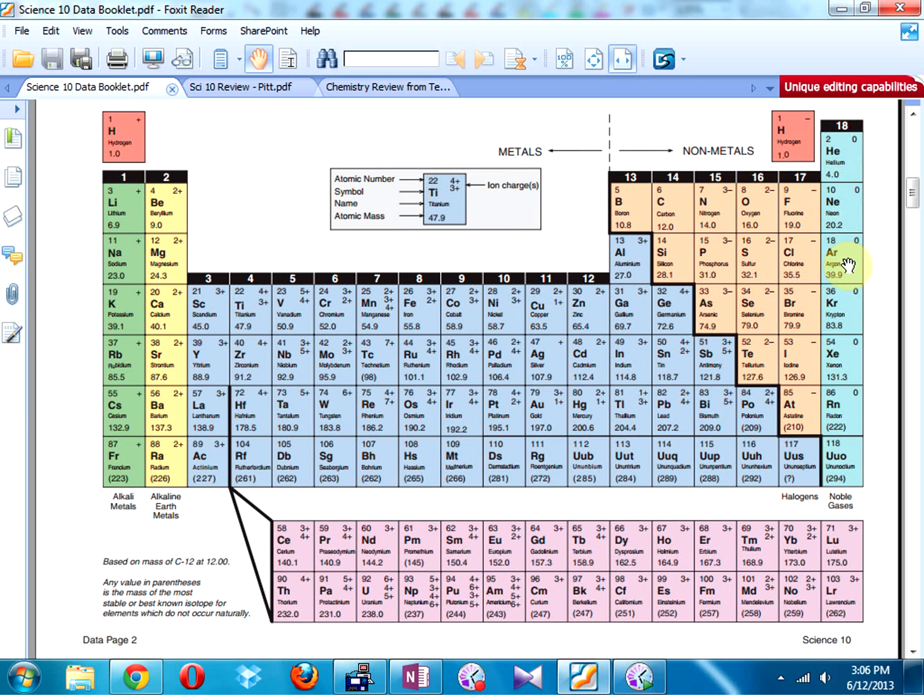Everything wants to get back to the closest noble gas because these ones have full shells. The reason they're called noble gases is back in the old days, noble meant doesn't react. They don't react. We have found we can force them to react, but for the most part, we're going to say they don't react with anything. They are inert. So how many electrons would this guy lose?